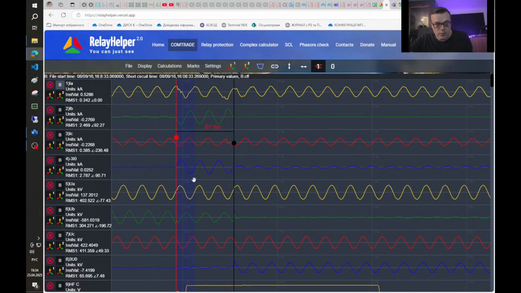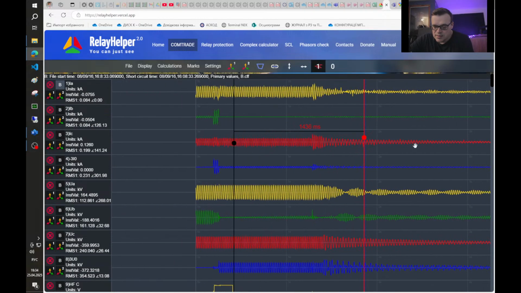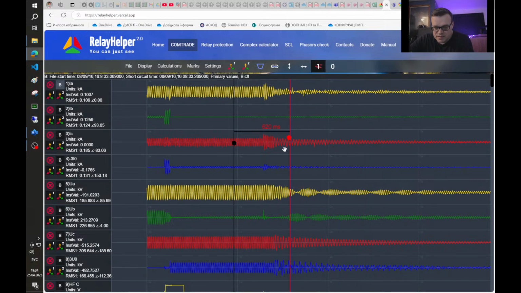And if we look at the opposite side, we don't see any current, only the three-phase trip.